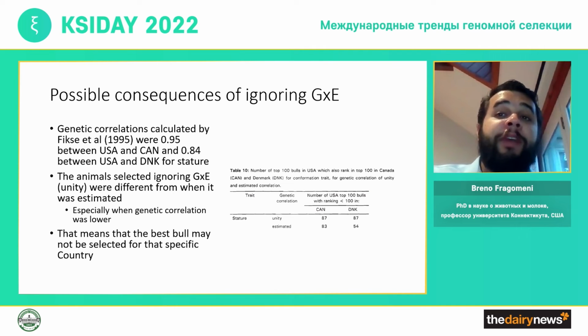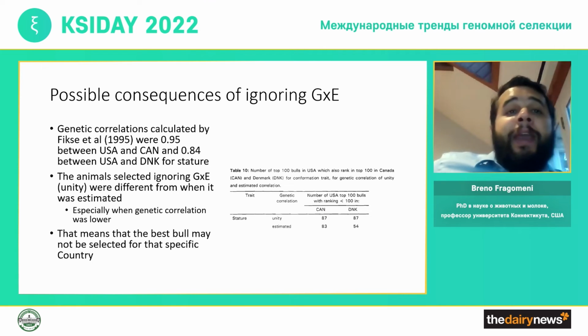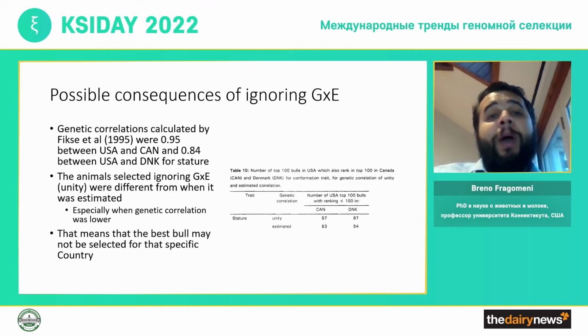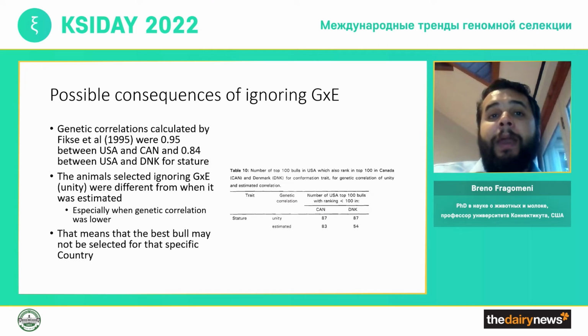What are the problems of ignoring that genetic correlation? So there is this classic study in 1995 that they calculated genetic correlations between the US, Canada, and Denmark. The correlation between US and Canada was 0.95, which is very high. And the correlation between USA and Denmark was 0.84, which is still high.